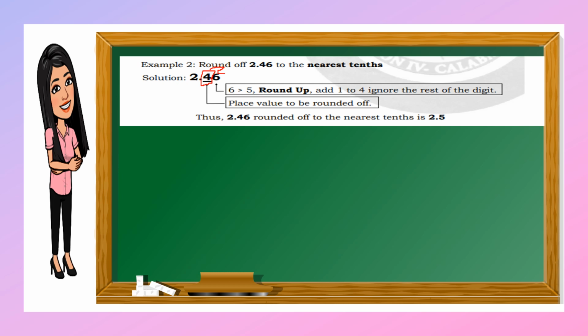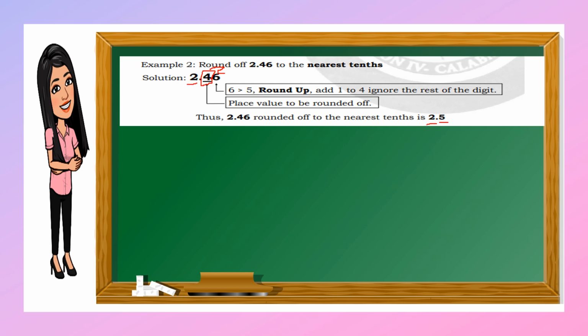So, sabi ko nga kanina, kapag yung number ay 5, 6, 7, 8, 9, you are going to add 1. Diba? So, si 4 ay magiging 5. Yung nasa unahan na number, kokopyahin nyo lang yan. So, as is na yon.